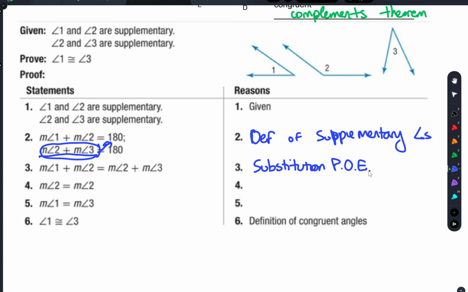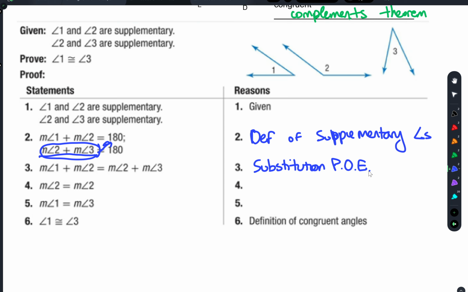Perfect. What do we think for step 4? Not subtraction, because if we think about subtracting, I'd have to subtract the measure of angle 1 from both sides, and I'd have to subtract the measure of angle 3 from both sides, and I don't have that. Think more basic than subtraction.